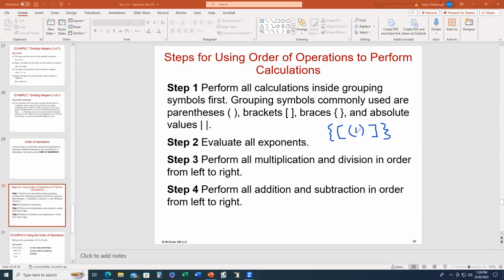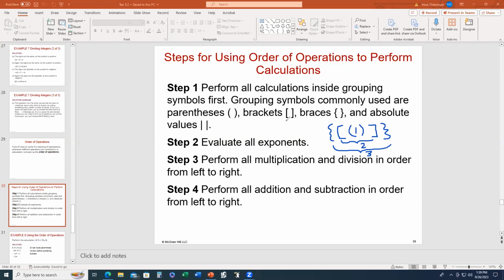So we would do what's inside the parentheses first. Then we would simplify what's inside the brackets next. And last, we would deal with what's inside the set of braces. That's the order in which we proceed with complicated expressions when we have a nested grouping symbol situation. Everybody see that there? Always work with the innermost nested set of grouping symbols outward in that situation.